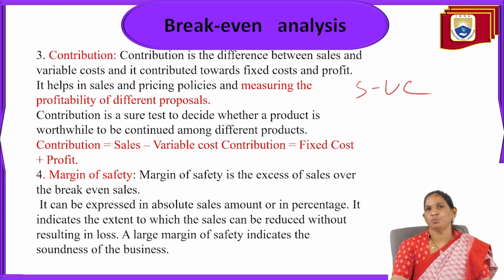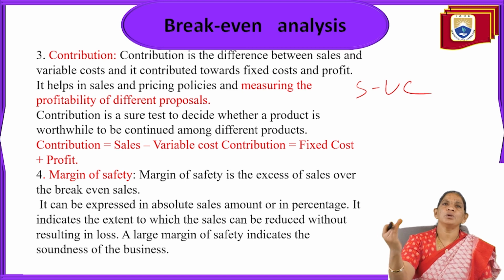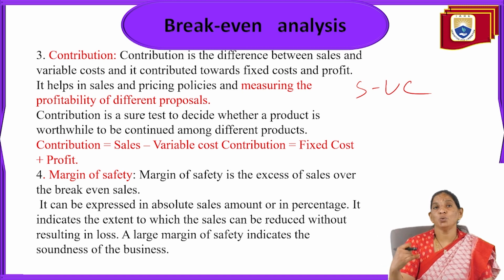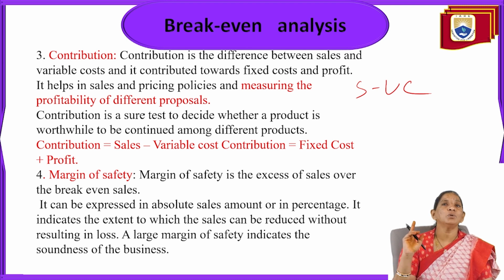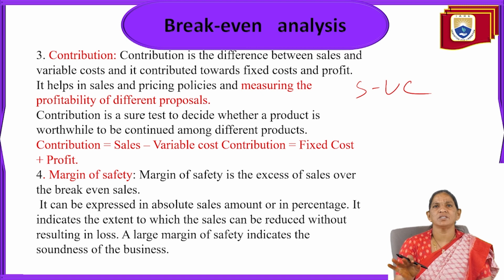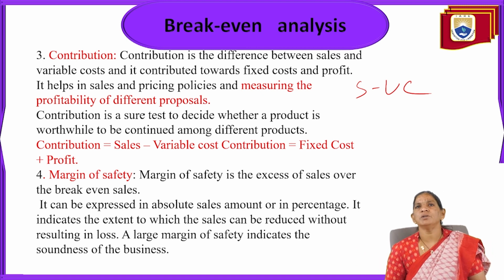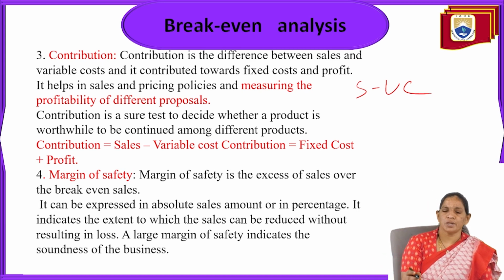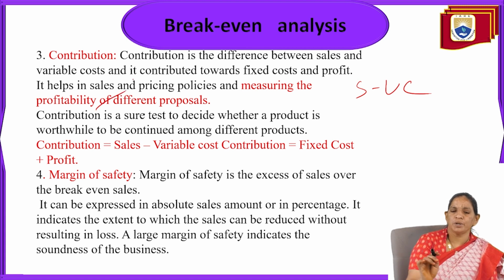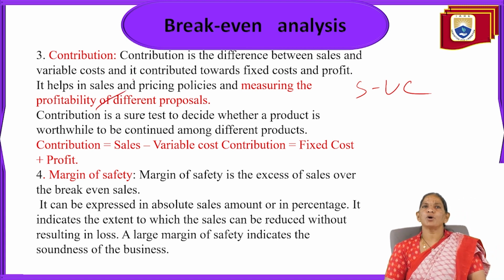Once the organization wants to change from one policy to another, we need to know the contribution well. Why? Because here the change in the variable cost is identified, as fixed is fixed. No need to bother about the fixed cost. So by getting this contribution, we are able to implement or change the pricing policies, and it also helps us in case of profitability.